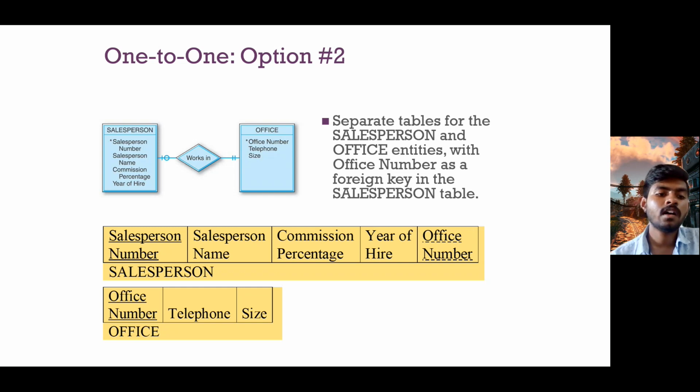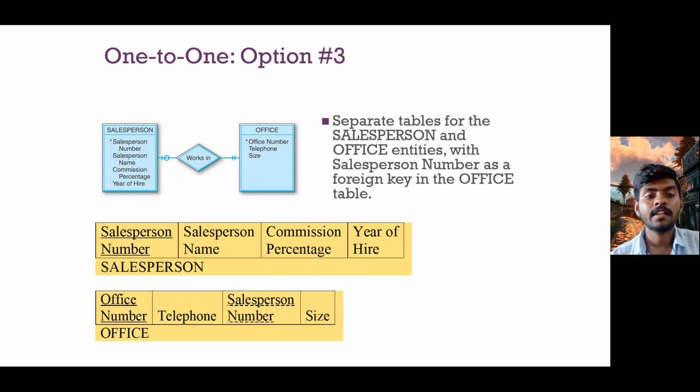In the office table, the office number is a primary key, and in the salesperson table, the office number is a foreign key.